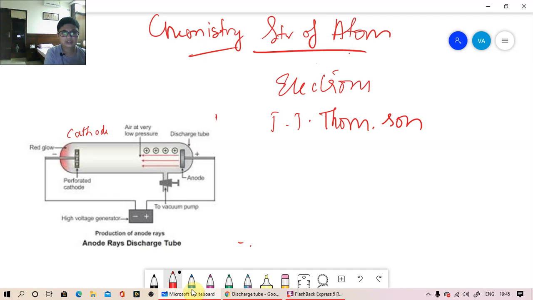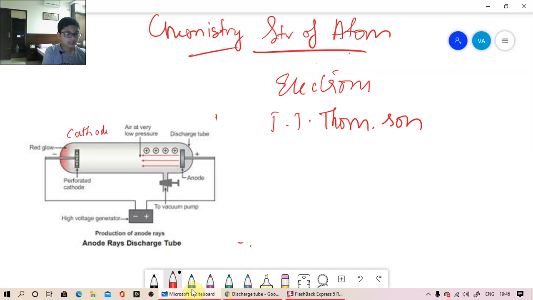The electricity didn't flow through the air. When he reduced the pressure to 1 mm of mercury, then surprisingly the electricity started flowing in the air. How is this possible?